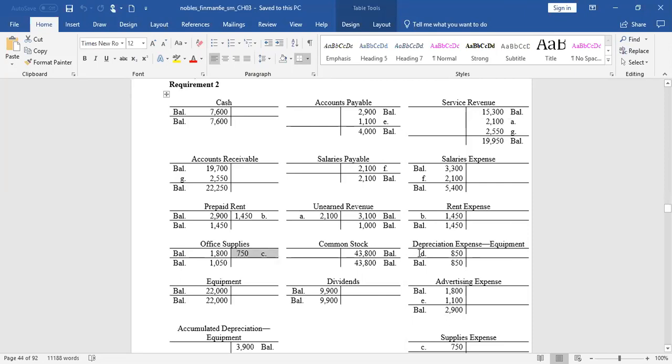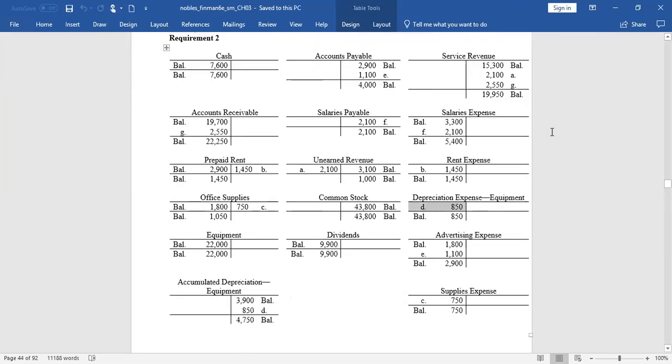In D, debit side of depreciation expense, equipment, credit, let me collapse the ribbon here so you can see it. On the credit side of accumulated depreciation, $850. In letter E, debit side of advertising expense, $1,100. Credit side of accounts payable, $1,100.